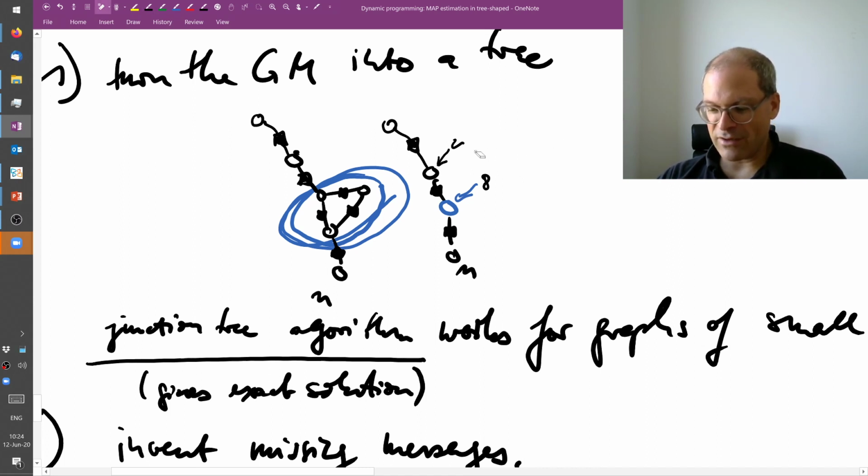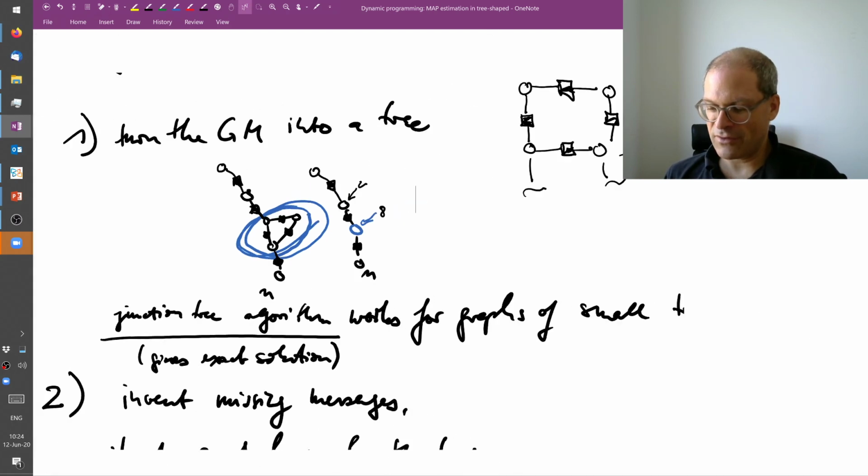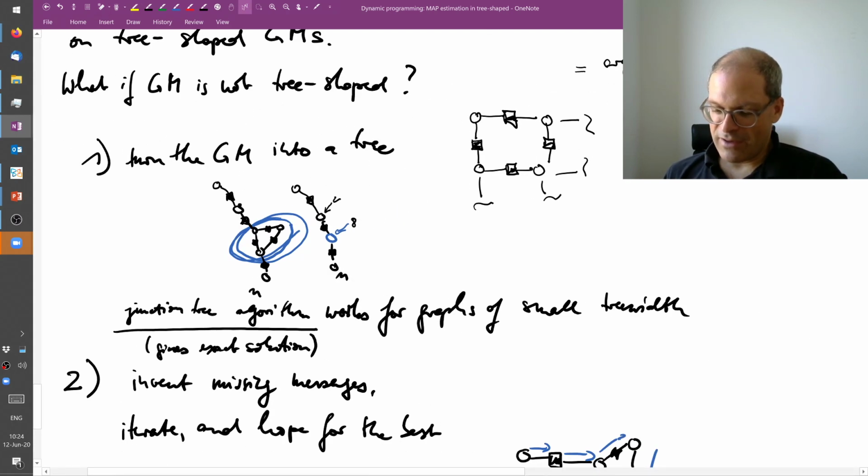So we can still do Viterbi, but at the cost of having a much larger number of states to deal with. And this is called the junction tree algorithm, and it works well for graphs of so-called small tree width.